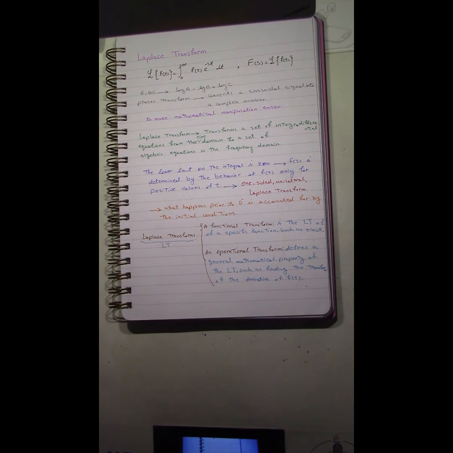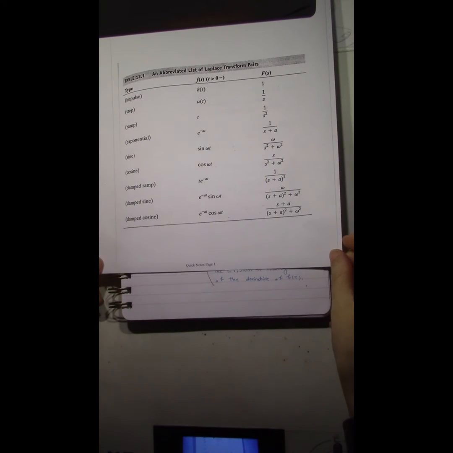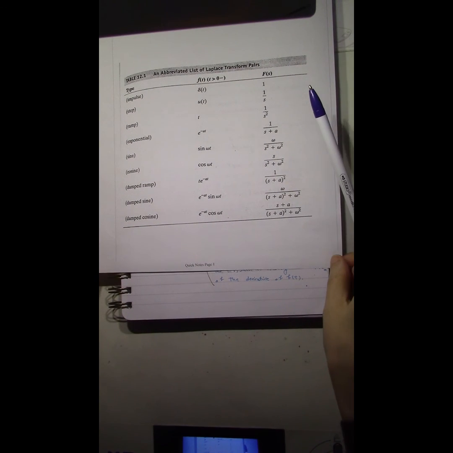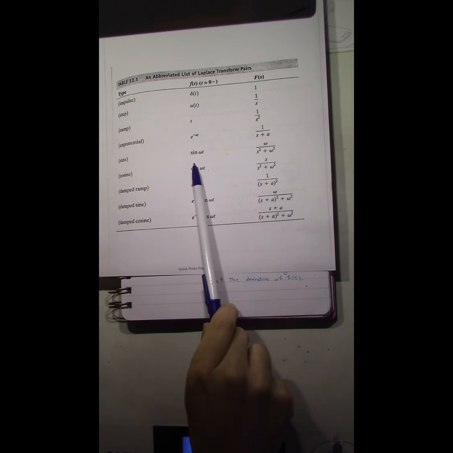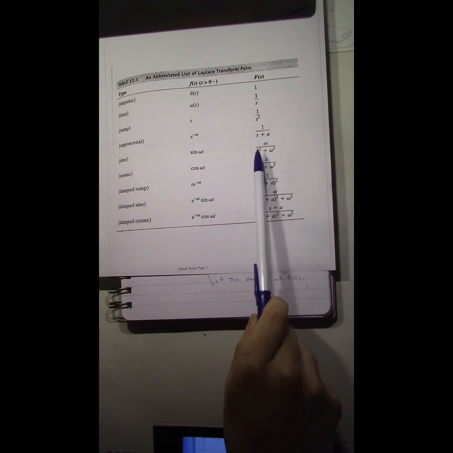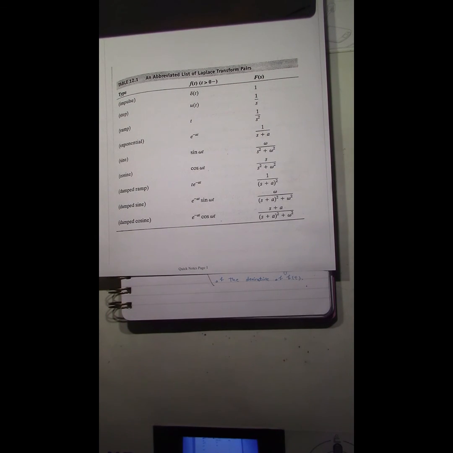And whenever we see sine of omega t, is that clear? Okay. The Laplace transform is omega over s squared plus omega squared. So this kind of functions you see over here, table number 12.1, if I don't make a mistake, yes, 12.1.